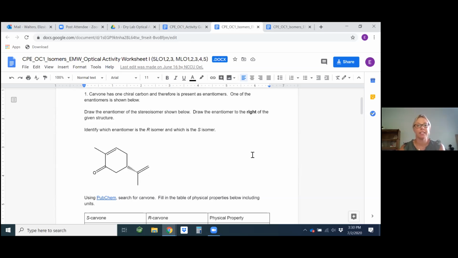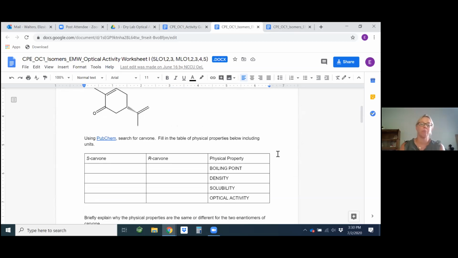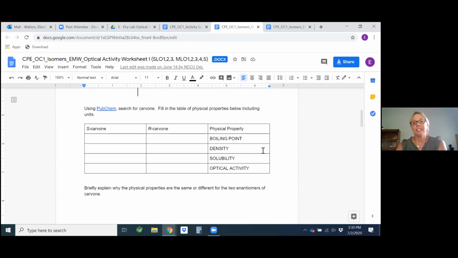And then the activity continues with students using PubChem, or again, a reputable source, in order to pull information on the physical properties. At this point, there are 3 labs that come before this, and 2 of the labs do utilize thin layer chromatography information.